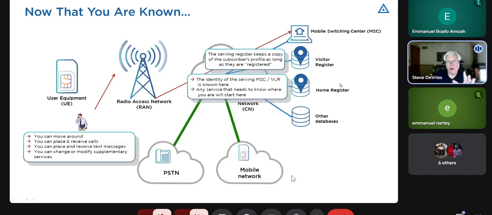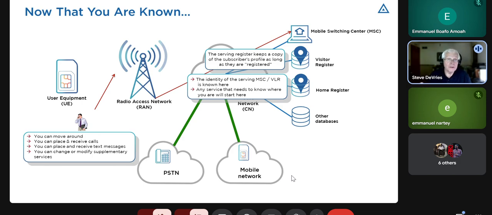So those are the basics now of mobile telephony, the basics of what is a cellular system, the basics of the three main parts of a mobile network: your user equipment, your radio access network, and then your core network. And in the core network, changes take place with each generation. Now, changes also take place in the radio, because that definitely changes the way the signal gets modulated.